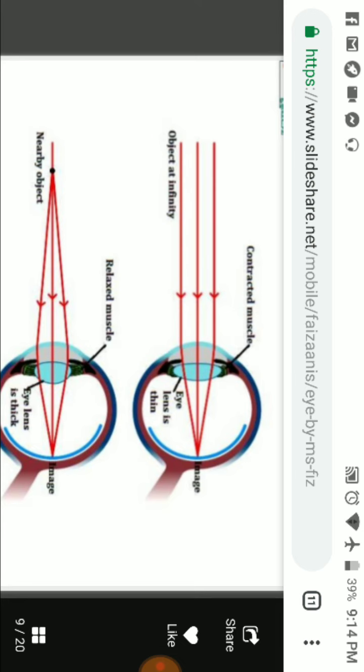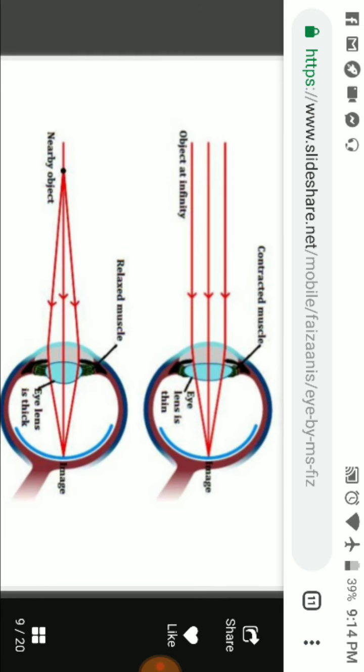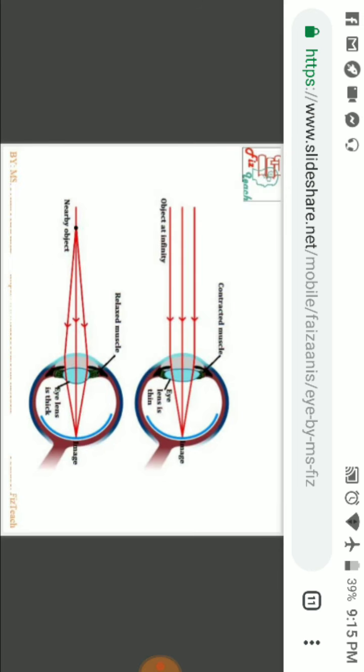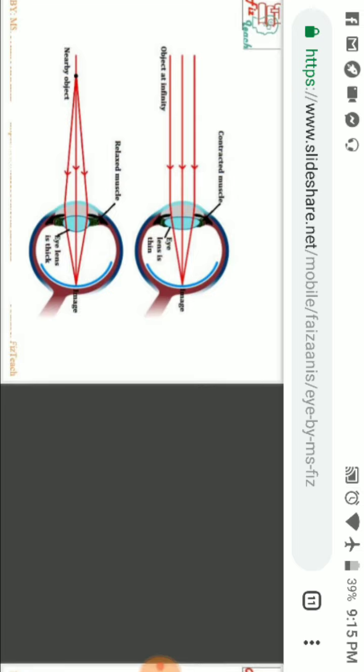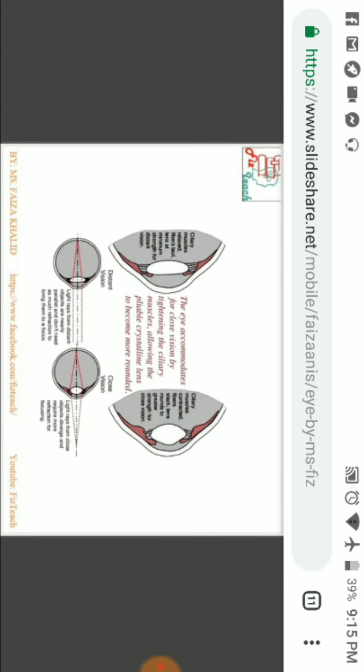Another thing you need to observe here is that for distant objects the eye lens is thin, and for nearby objects the eye lens is really thick. And of course, suspensory ligaments are there because of which it's happening.